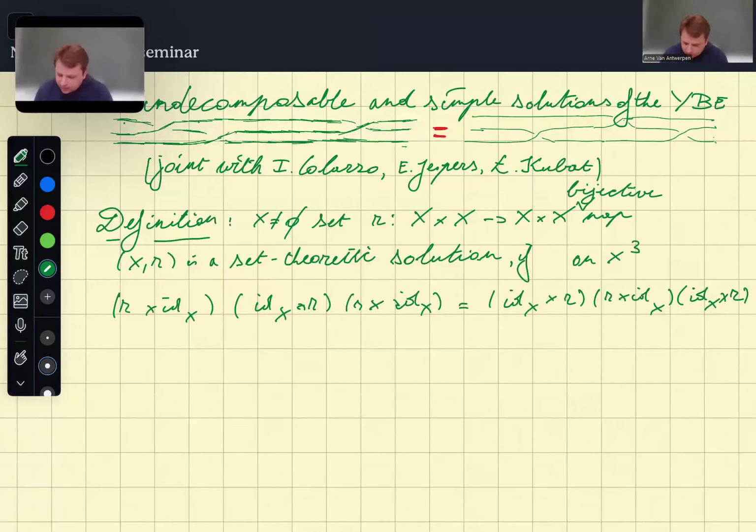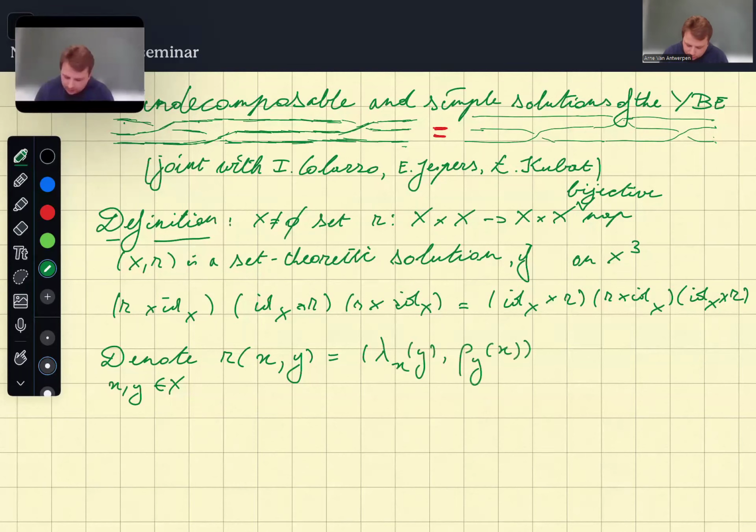And we will later just call that a solution. What more? Well, to have some notation, let's denote the image of a tuple (x, y), so elements x and y in X, as, on the first component, lambda x of y, and on the second component, rho y of x.